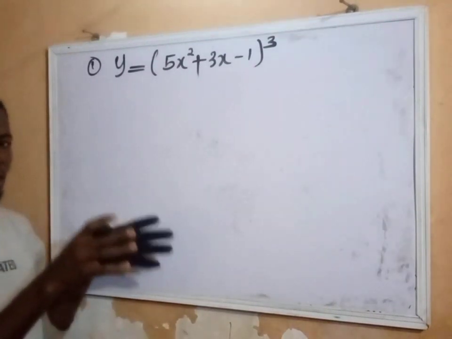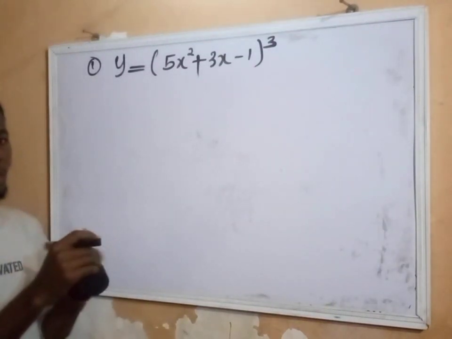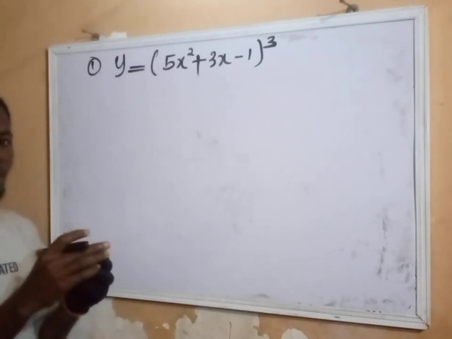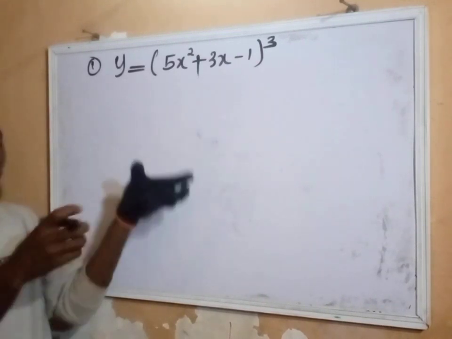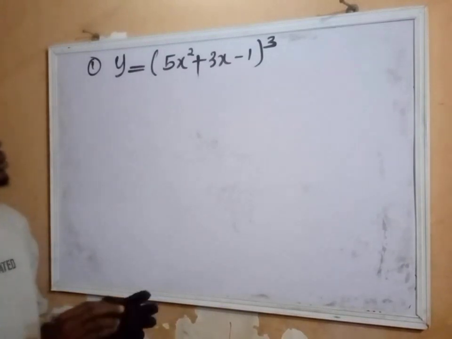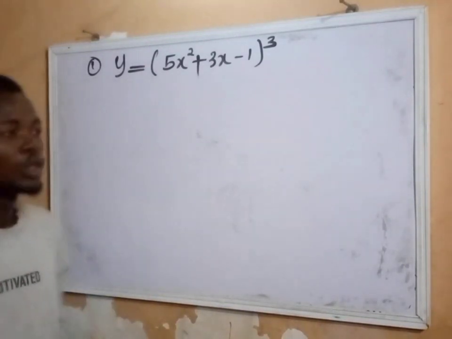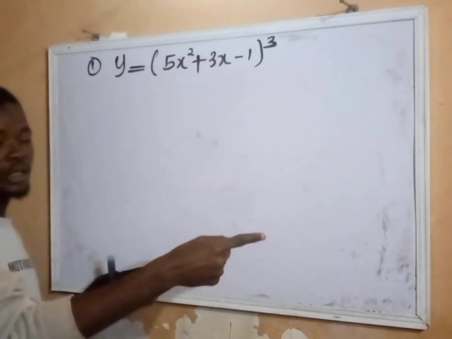So this is a technical example of the chain rule. Though if you are very familiar, you can just expand all these things, but then you lead yourself into troubles. The best way to approach this is by applying the chain rule. So you let this one in a bracket be another function.